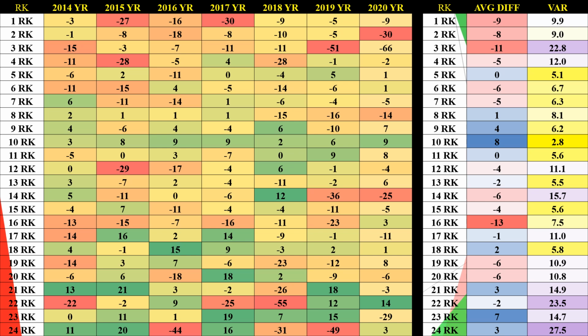So what I mean by that is, can we use last year's rankings, say the top 24 in this case, as a way to predict this year's production?